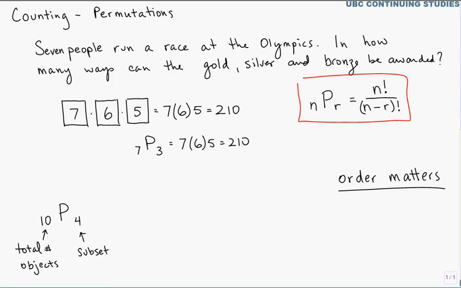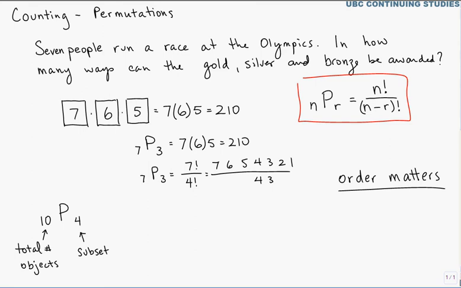So the reason this works is because, let's say we used the formal definition for 7P3. So we have 7P3 is equal to 7 factorial over 7 minus 3, which is 4 factorial. And recall, 7 factorial is just 7, 6, 5, 4, 3, 2, 1.